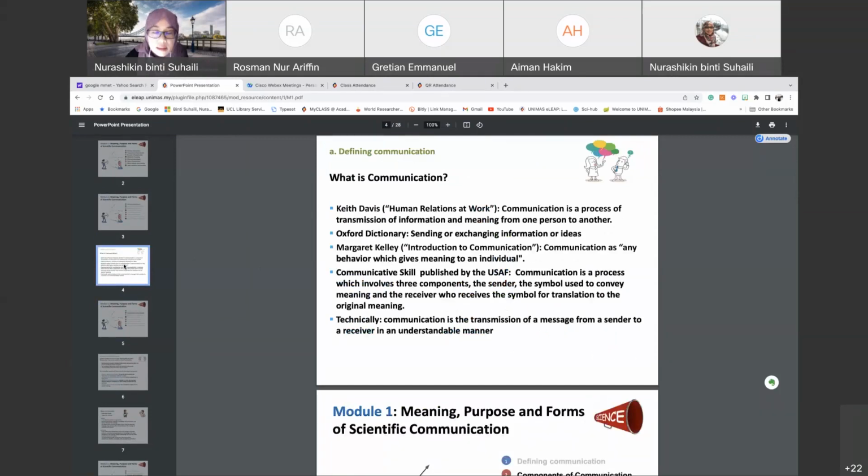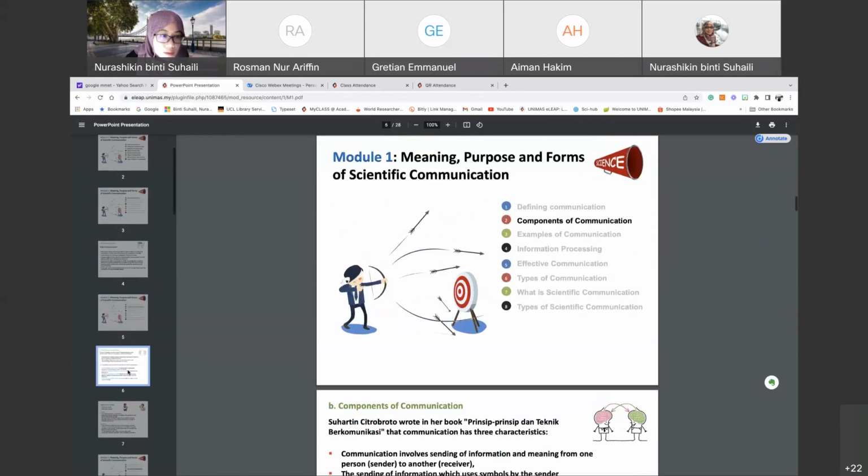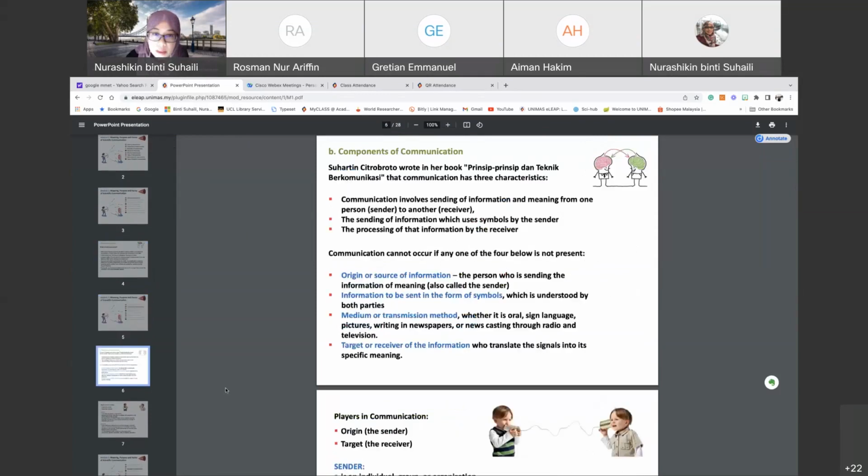Communication is communication, but when we talk about scientific communication, we are communicating science. What else? Components of communication. There must be a sender, there must be a receiver, yeah? And also there must be a medium. Like now I'm talking to you, the medium is Webex, an online video conferencing platform.